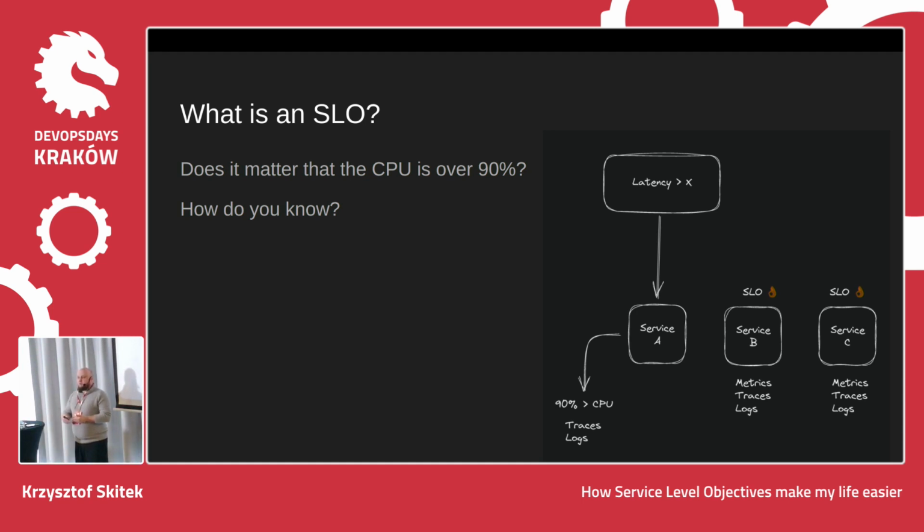You are paged because your users experienced subpar service level. You are still relying on those metrics. You are still using the CPU metric, in this case, as a first entry point to debugging what happened.